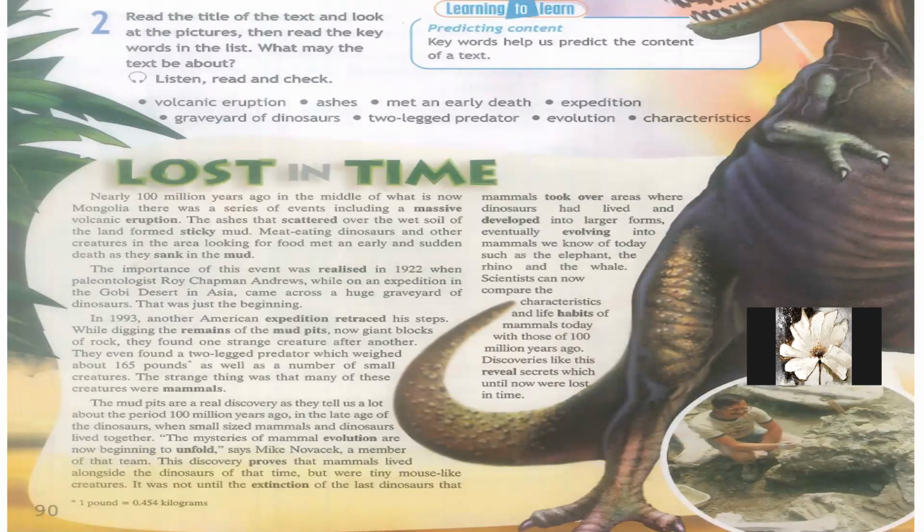And later, there were expeditions to find the story or the history of the dinosaur, and a lot of expeditions tried to retrace the steps of each other, and at the end they found that it's a huge discovery because they can know the characteristics of the dinosaur.